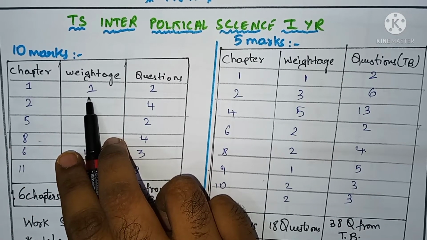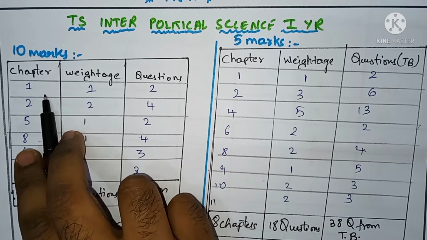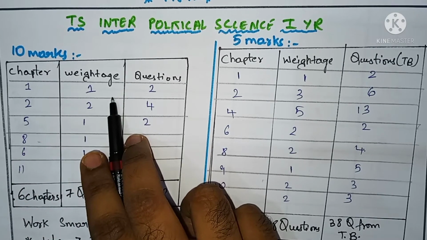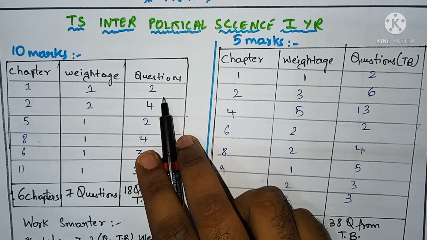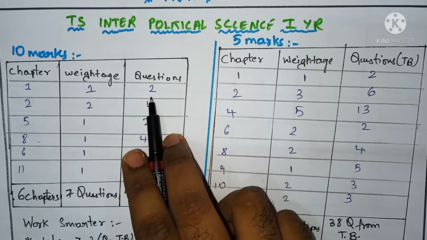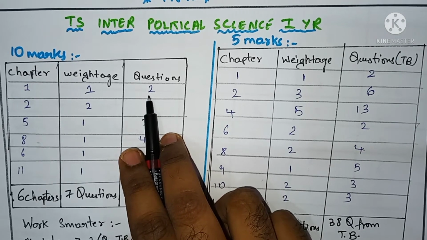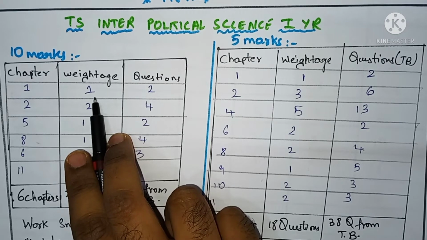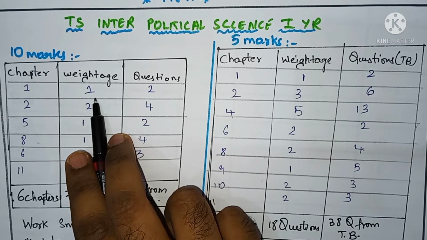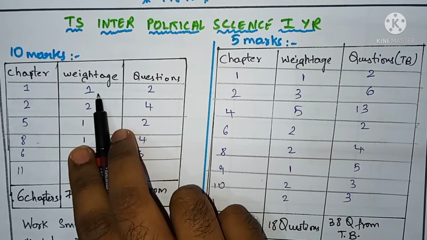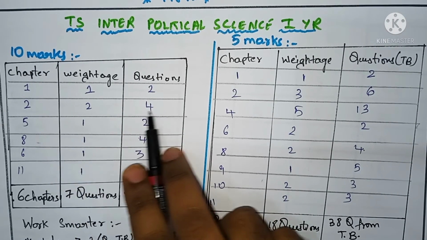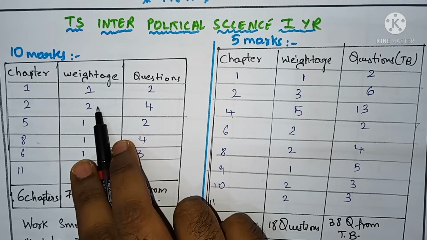Only one question will appear in the examination from the first chapter, and there are two questions in the textbook in the first chapter. So from these two questions, one question will appear in the examination.